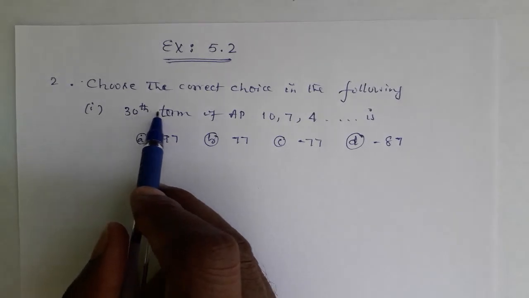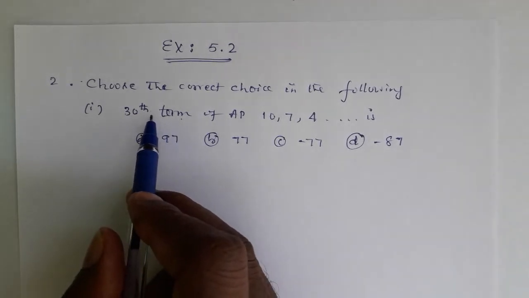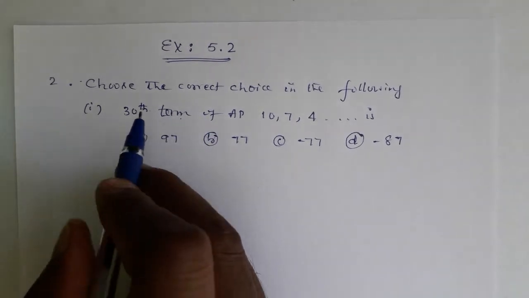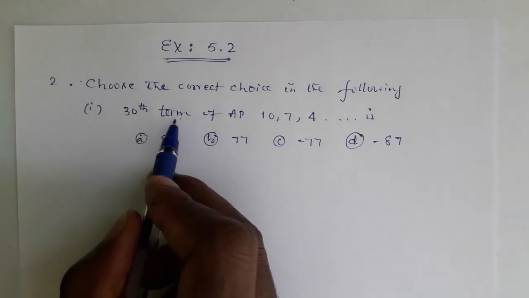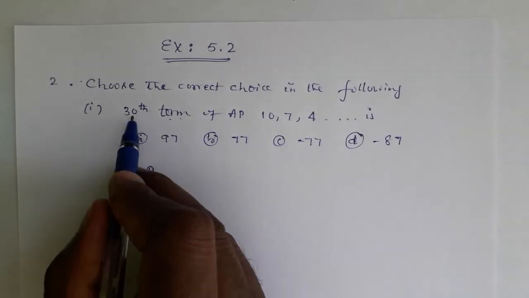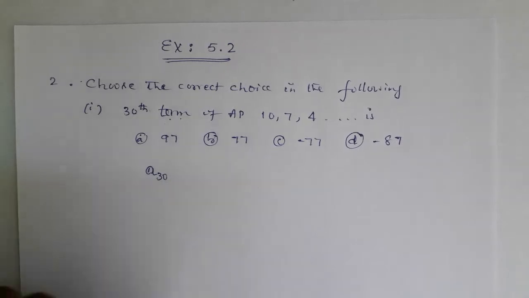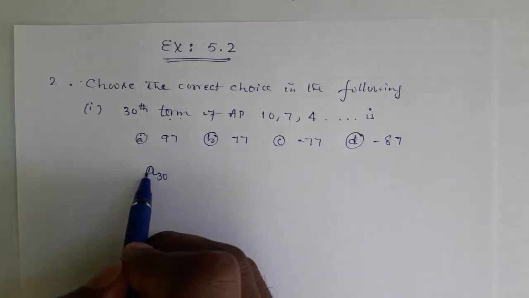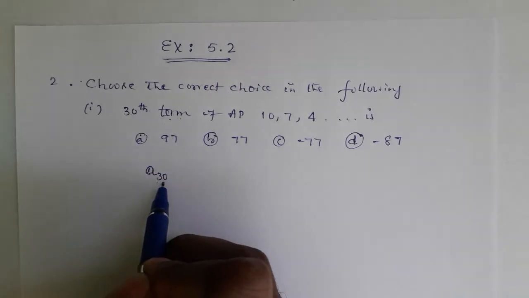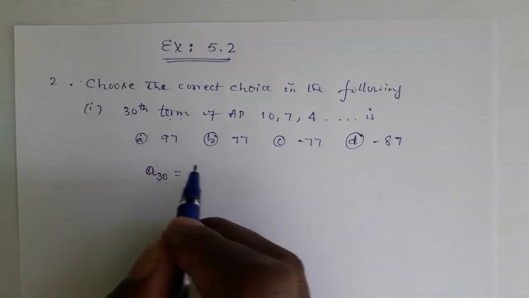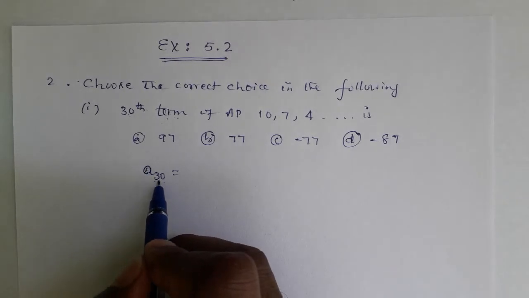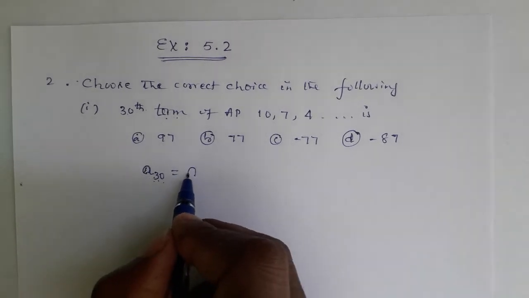Try to understand the 30th term. You have to practice how to write it. As I mentioned earlier, a term is denoted by A, and its position is written next to it, so the 30th term is A30.